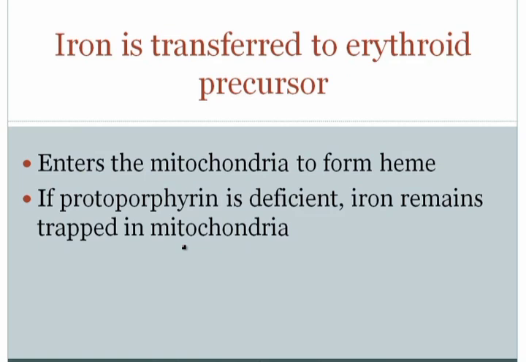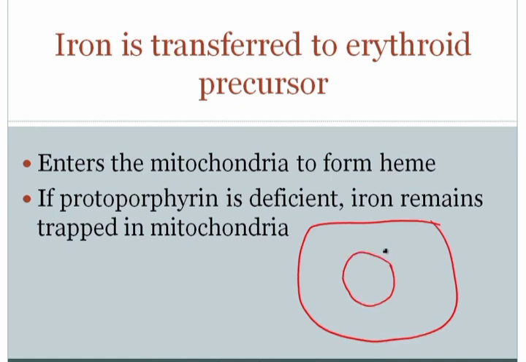So here's the idea. You've got this erythroblast, and here's the nucleus of the erythroblast, and adjacent to the nucleus is usually where the mitochondria sit. And so what's happening in the erythroblast is that protoporphyrin is being prepared, and the final reaction that generates protoporphyrin occurs within the mitochondria here. So protoporphyrin is produced in the mitochondria.